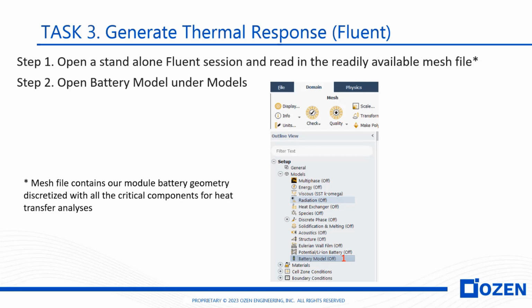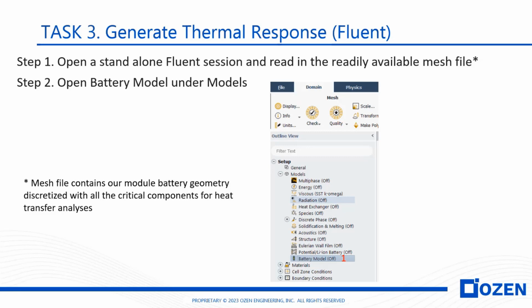I suppose I should talk a little bit more about the mesh file, particularly if you're not very familiar with CFD. With computational fluid dynamics, you discretize your domain, and it's almost like FEA models where you have to physically represent your geometry with a mesh.